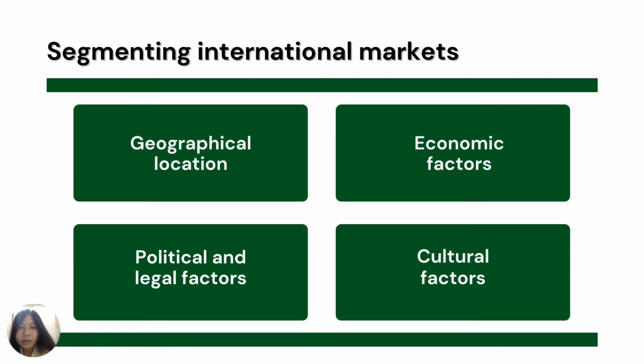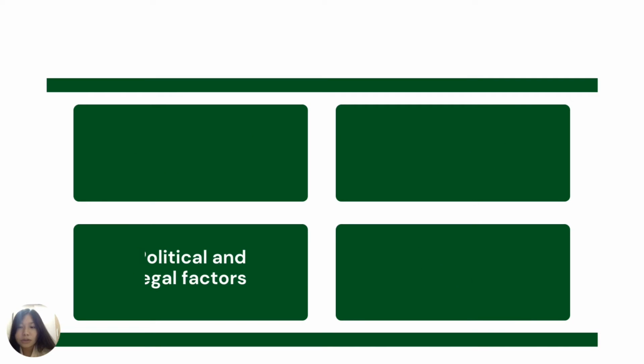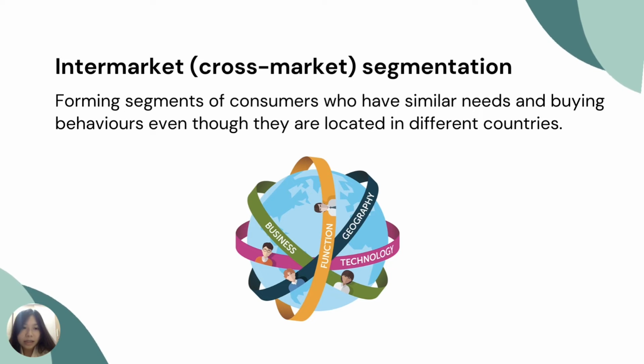Companies can group countries by regions, economic factors, political and legal factors, or cultural factors. To define segments of like-minded consumers globally, marketers can use intermarket segmentation.